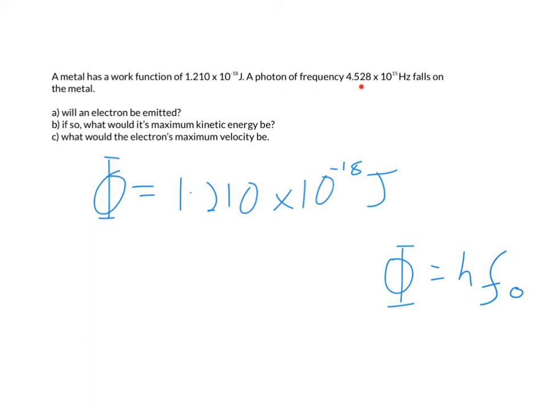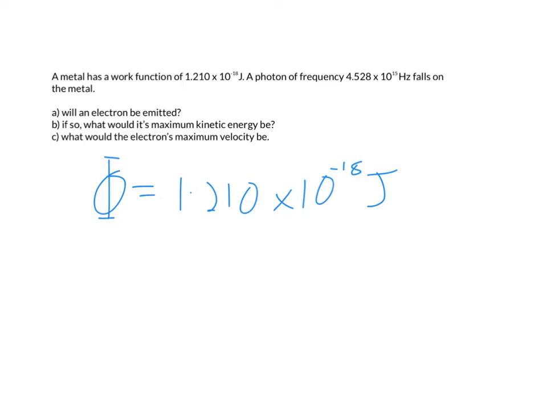If the frequency of the incoming photon is greater than the threshold frequency, then our electron will be emitted. The second way, which is what we're going to do now, is going to involve us looking at the frequency of the incoming photon. We will then try and convert this to energy. So we'll know what the energy of the incoming photon is. If the energy of the incoming photon is greater than the work function, then we know that the electron will be emitted.